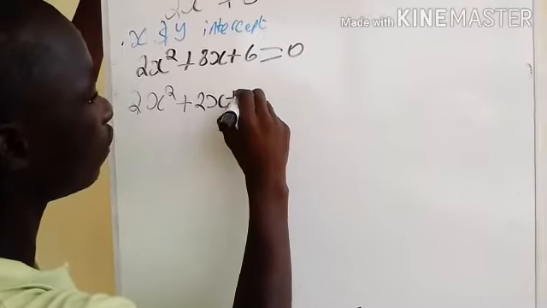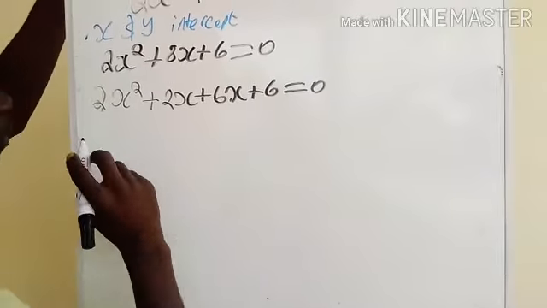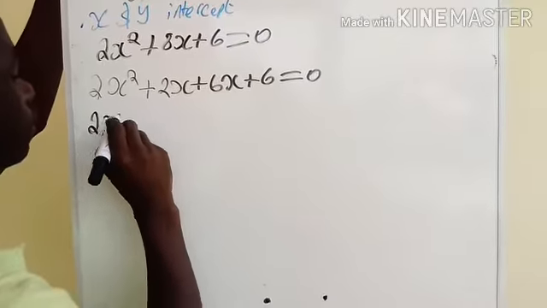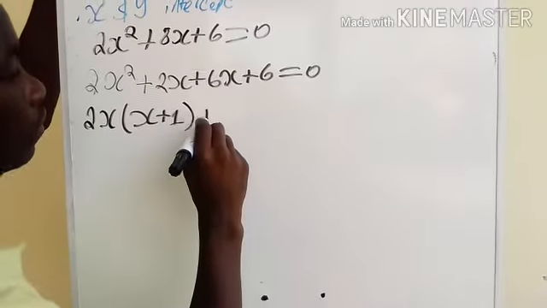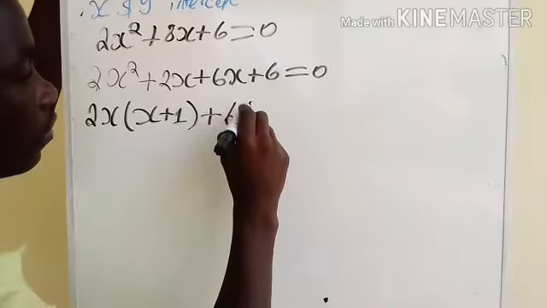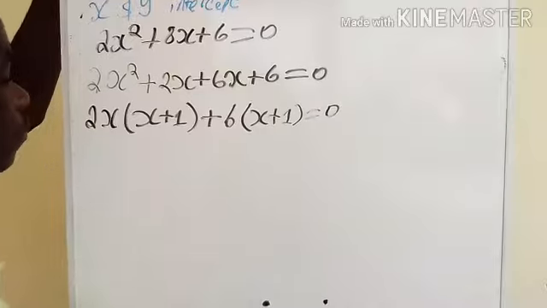So we have 2x squared plus 2x plus 6x plus 6 equals 0. So we have 2x into x plus 1 plus 6 into x plus 1 equals 0.